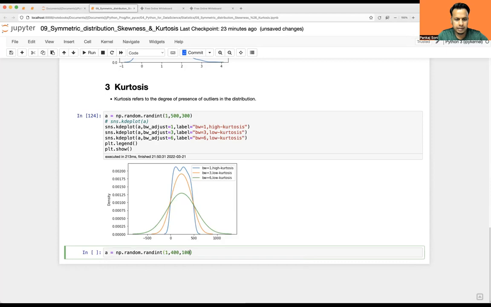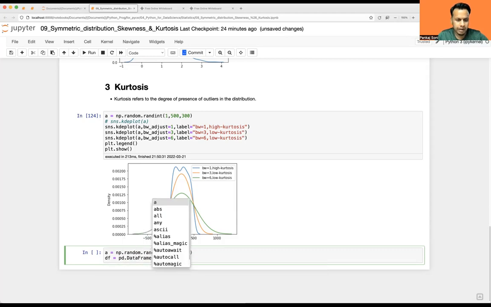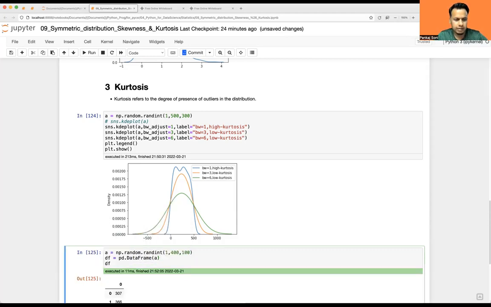I'm generating 100 data points, and I'm going to create a data frame with one column, because that function, whatever skewness or kurtosis is there, you can apply on the data frame only. So pd.DataFrame of a, and let's visualize the data frame.